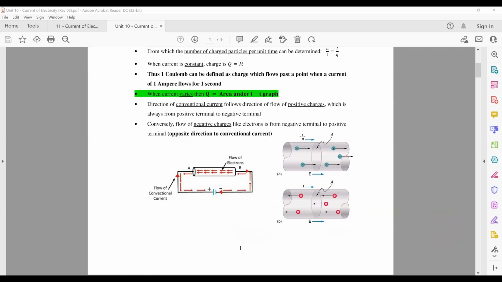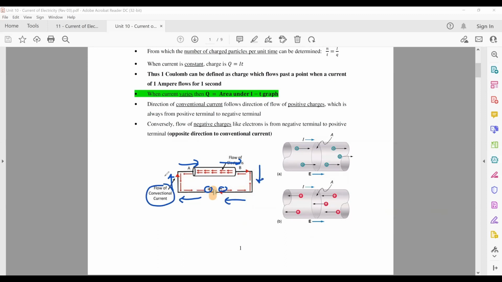Opposite to flow of positive charges. So right here, if you look at the diagram, this is your battery. Your flow of conventional current is actually from the positive terminal to the negative terminal. So you see it going like this, like this, like this.